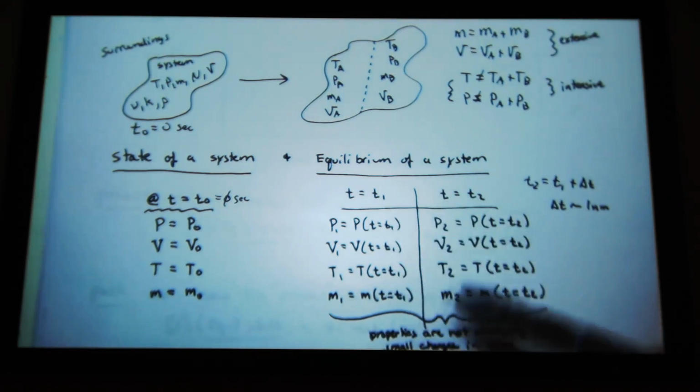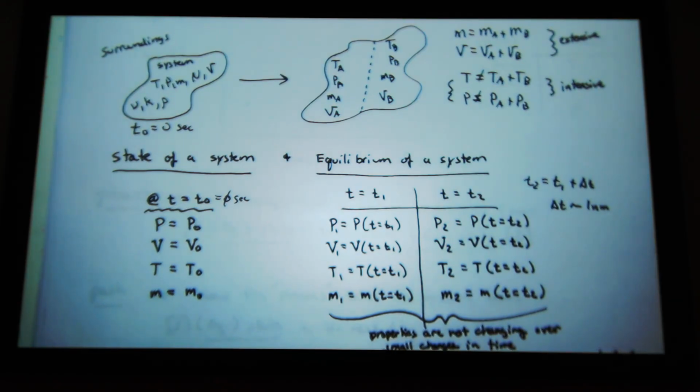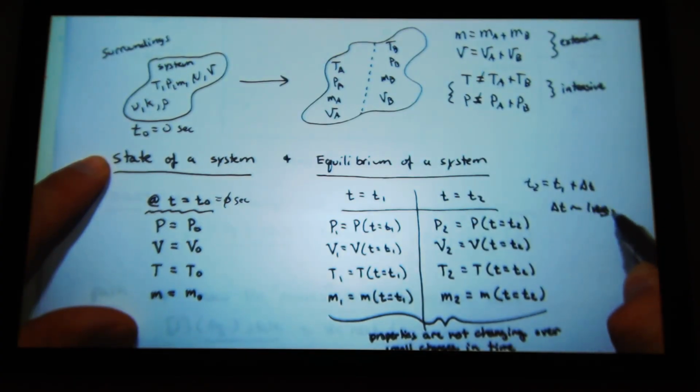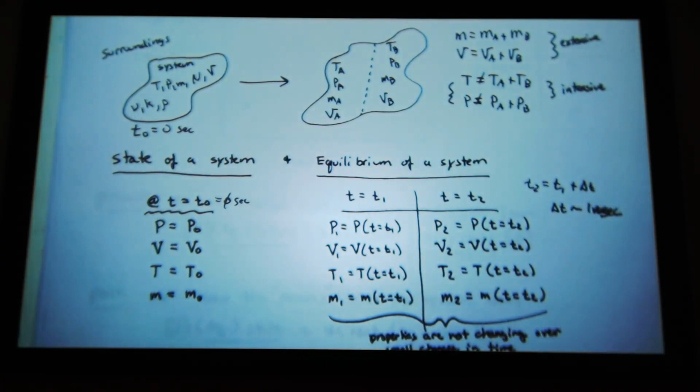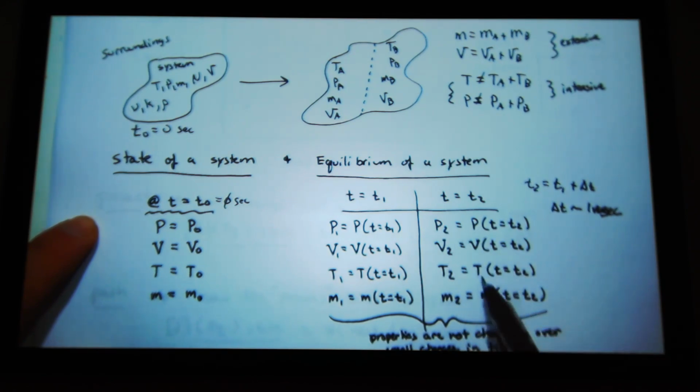Now if my system's at equilibrium over a nanosecond, I say over a nanosecond snapshot in time, or time interval, my system is at equilibrium.